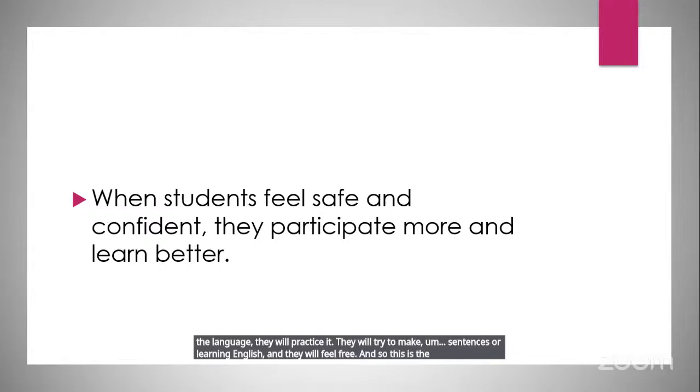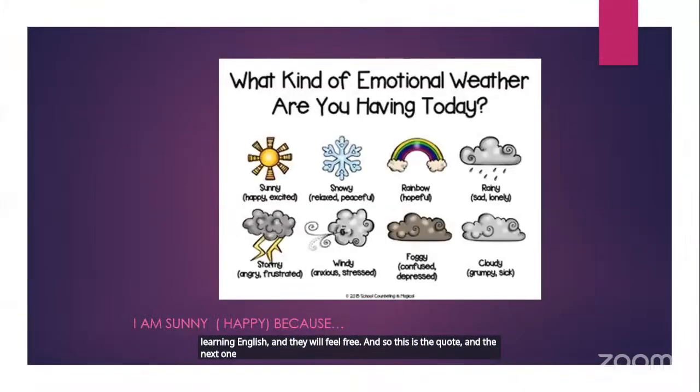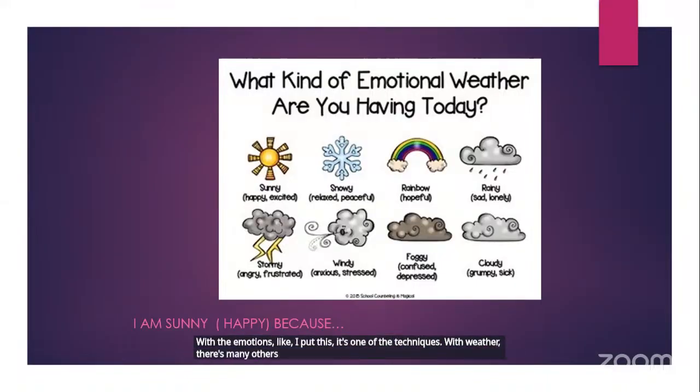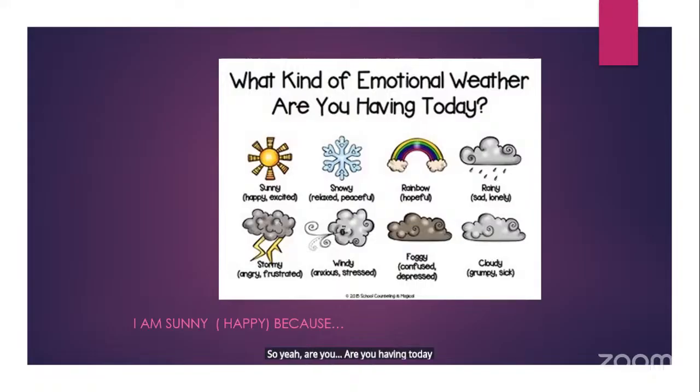And the next one. Of course, I always like to ask not just how are you, dear students, but to do it with weather and emotions. It's one of the techniques, there are many others. I put weather: sunny, snowy, rainbow, and emotions. I ask students, if you are a weather today, how are you? What kind of weather are you having today?